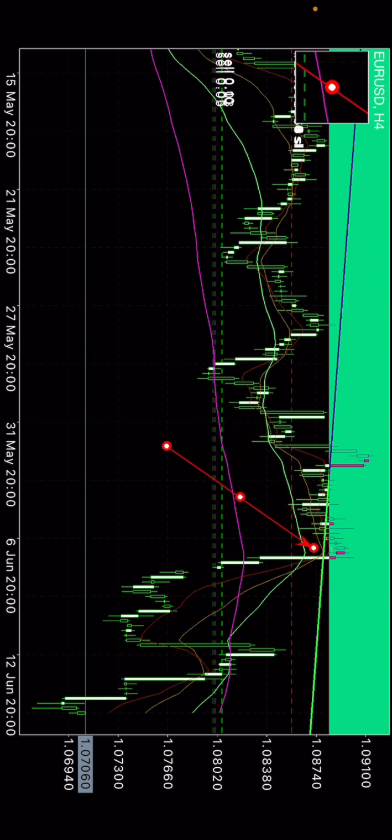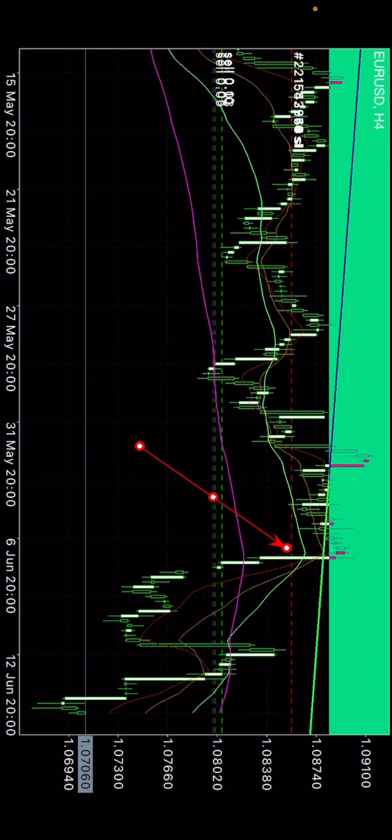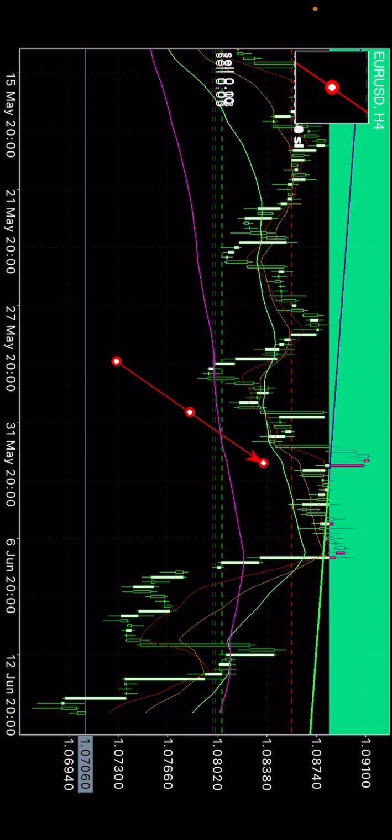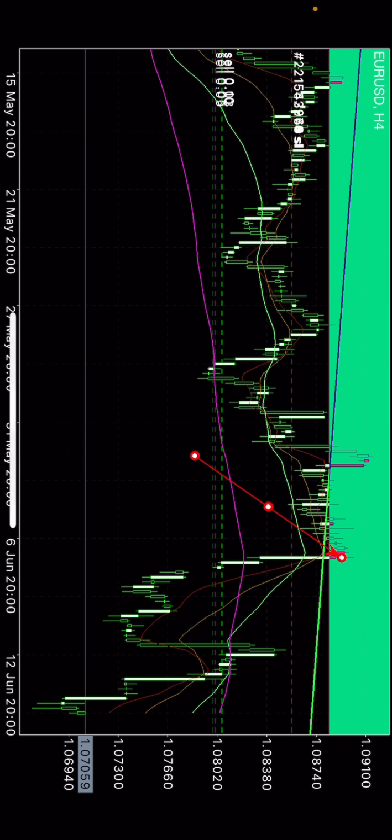Also notice that price broke all our EMAs in the process of it clearing previous price structure, right? So that also is more reason, the correct term is confluence, for us to indeed enter sell trades.